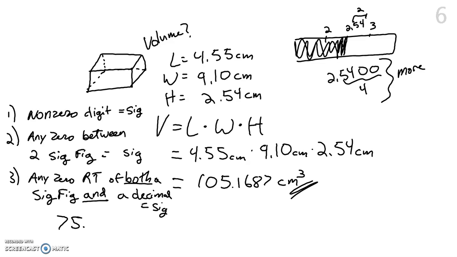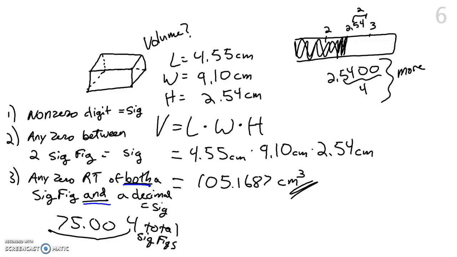That's saying that if I have this as a measurement, there are 4 total sig figs here. Right? It's to the right of both, keyword both, a significant figure and the decimal. So here's your significant because it's a non-zero digit. Here's the decimal, so both of those are significant.